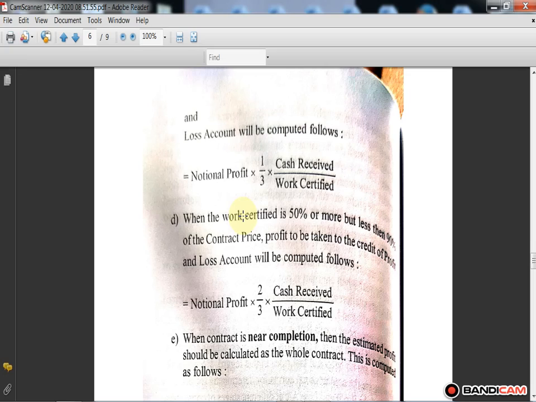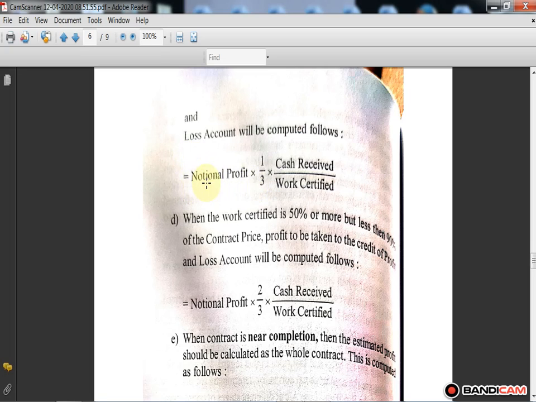25% or more. Okay, work is certified 25% or more but less than 50%, then we use this formula to find out the profit or loss of the contract. Remember this formula is for certified work which is more than 25% but below 50%.